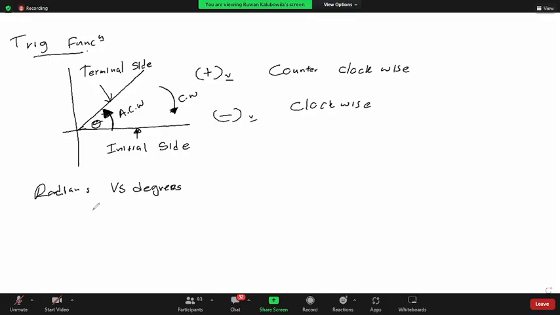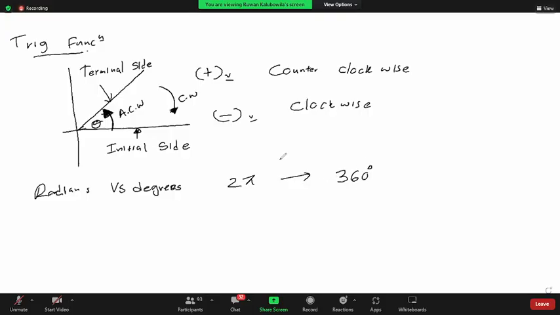So we can define in radians 2π should be equal to 360 degrees. When you know this one, then you can simplify any values in radians or degrees. If you have radians, you can convert them into degrees.